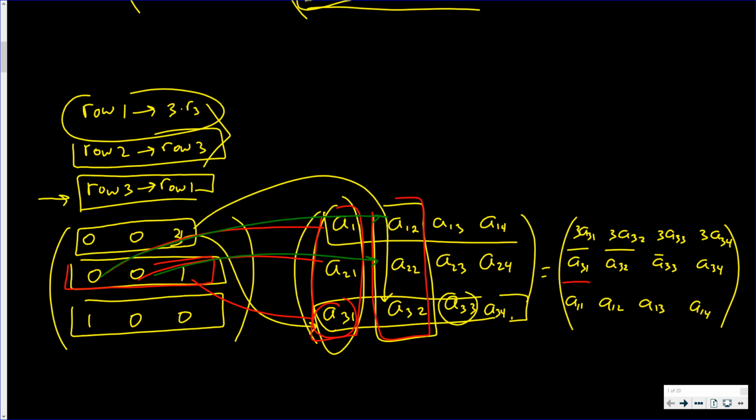I'll get A34. And then if I multiply this matrix, let me get rid of this because I drew on it so much.